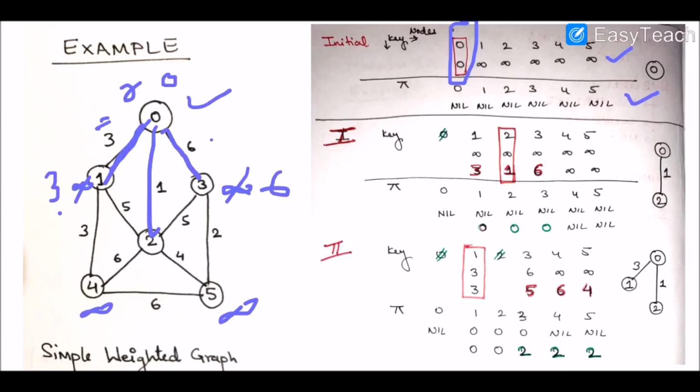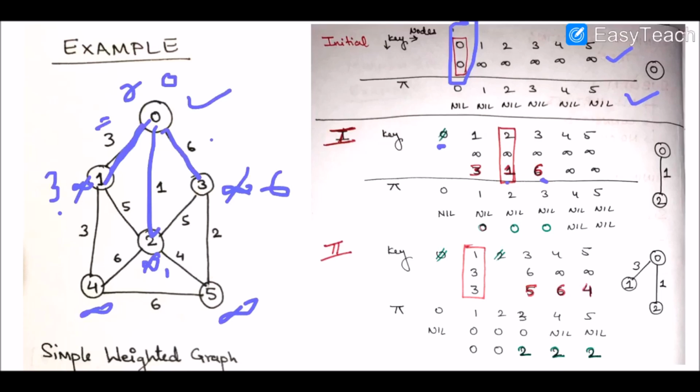Again the key value is infinity and the edge value is 1, so this will be updated with 1. So what are the latest updated values? 0 has been removed from the queue, 1 has a new key value of 3, 2 has a new key value of 1, and 3 has a key value of 6.